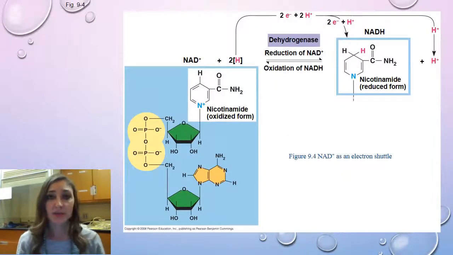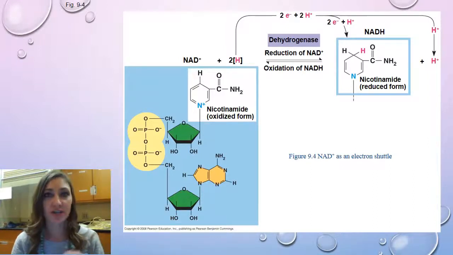Your big takeaway here is just to look at the charges and to see what exactly is going on as that electron is transferred. So this is NAD+ in its structural form, and we add to that 2 hydrogen ions, or 2 positive charges. And the reason we add 2 positive charges is because we pick up 2 electrons.